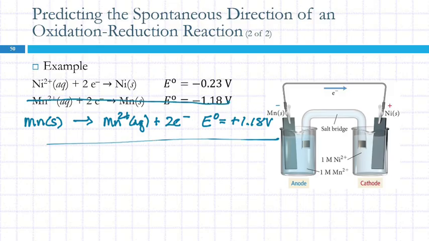So putting these two together, is going to give us plus 0.95 volts. That's the spontaneous direction.